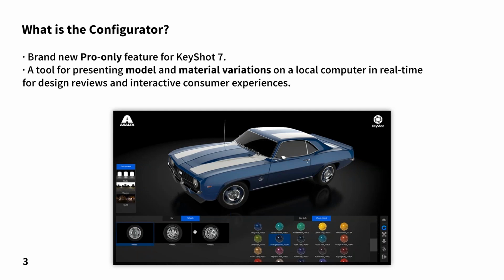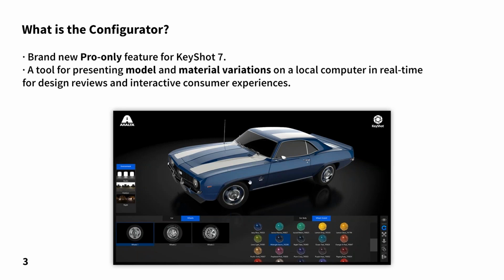So you can see we have some wheel variations here. These are our model variations. And we have some material variations and also some different environments on the side here, and a small toolbar with some various tools, and we'll get into all of these, how to set it up and how to use them.